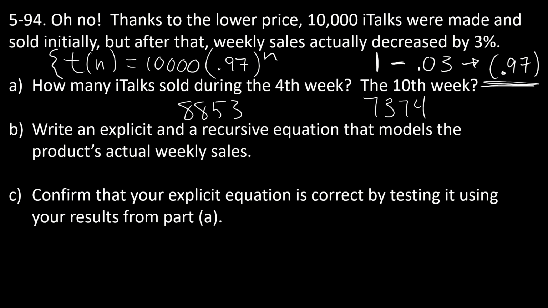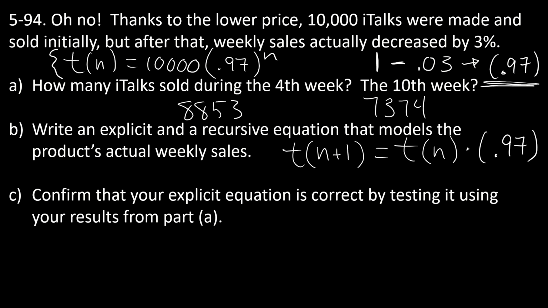Two pieces of information are needed. I'll write the recursive part first. In order to get to the next week, we take the week that we're at, so we take the T of n week, and we multiply that by 0.97. So in order to get the next week, you simply take the week you're at and multiply by 0.97.